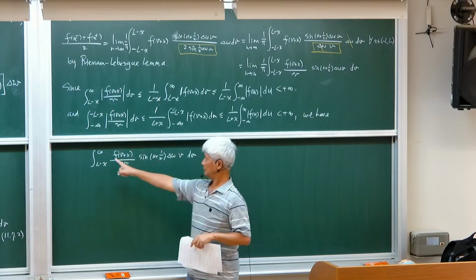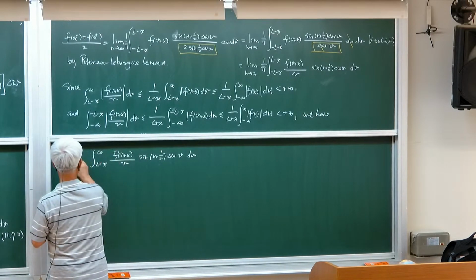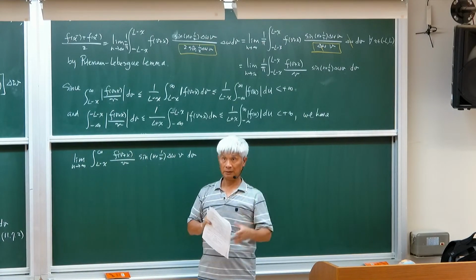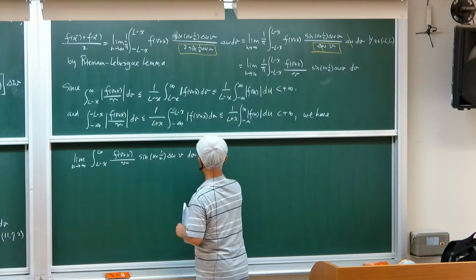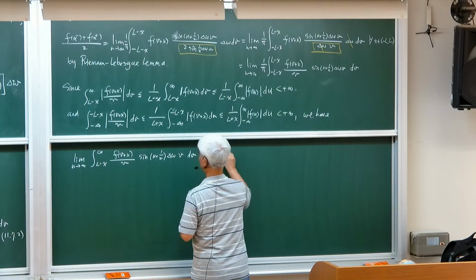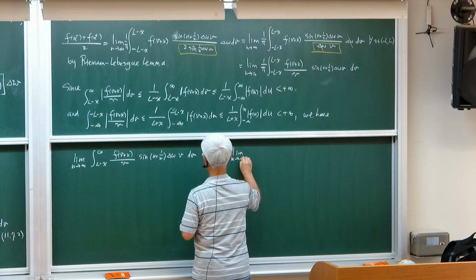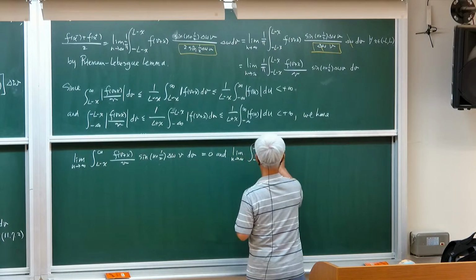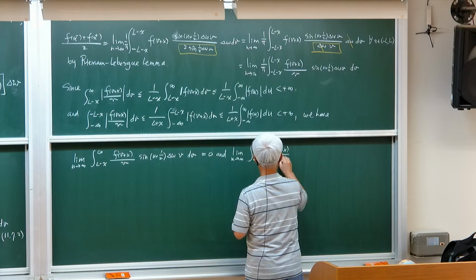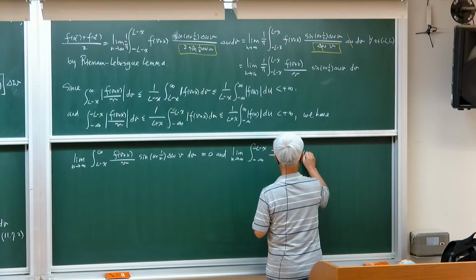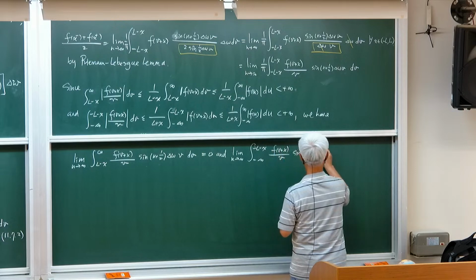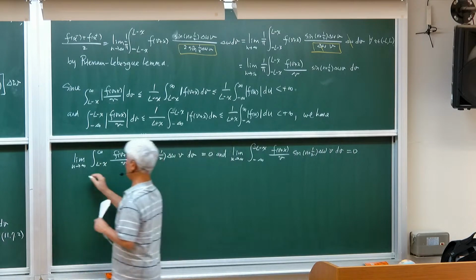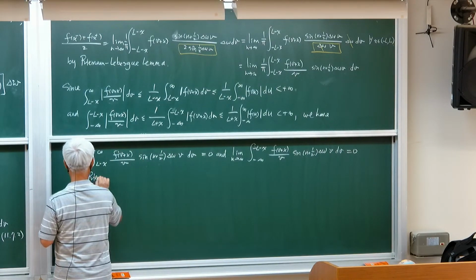But the integration limits are different. Then this becomes 0 as the limit goes to infinity. V sine n plus 1/2 delta omega v dv, also 0, again by the Riemann-Lebesgue lemma.